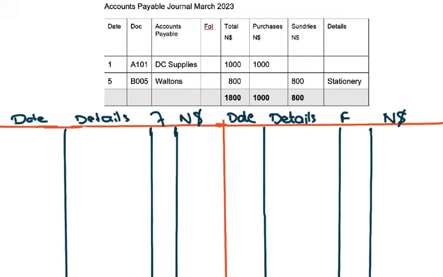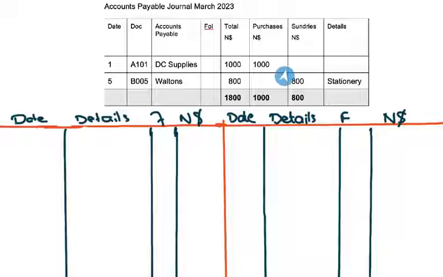When I look at my accounts payable journal, I will find that I have more columns than the accounts receivable journal. And this is because you could do purchases on credit, but you could also buy something else on credit, such as stationery. So I will have two more columns. I will have sundries and the details.